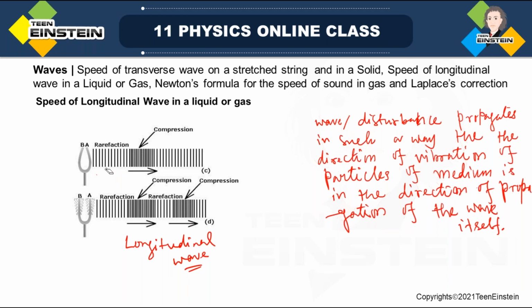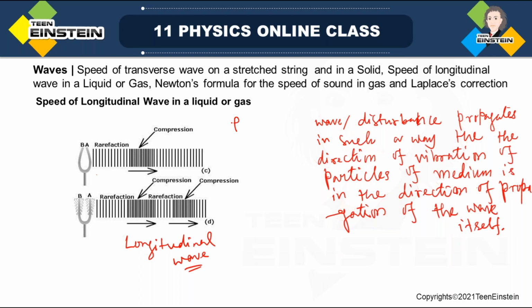In this case, suppose there is an air column, which is a gas. If you vibrate a tuning fork, the air column very near to the fork will be first compressed, and because of compression, what will happen?